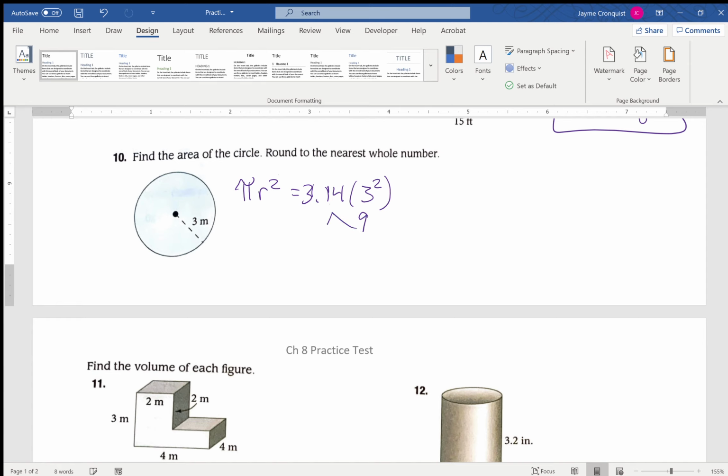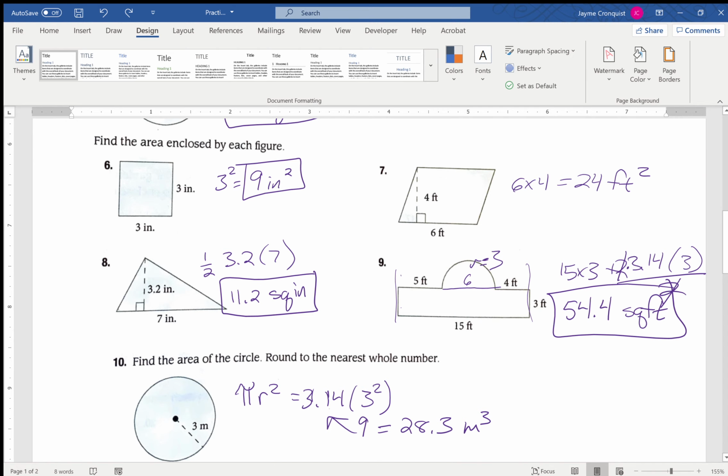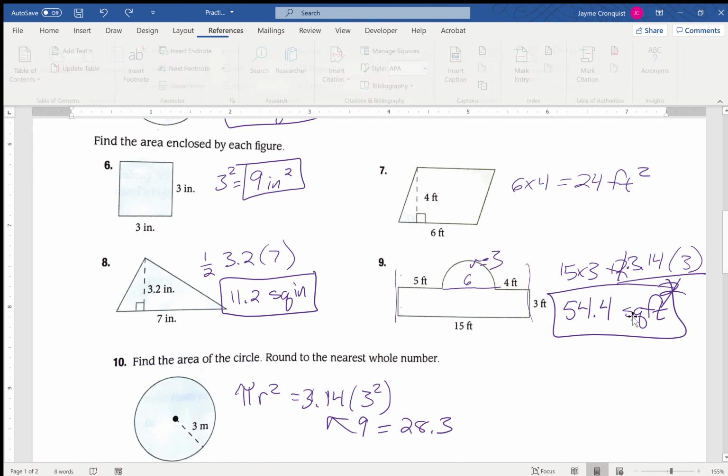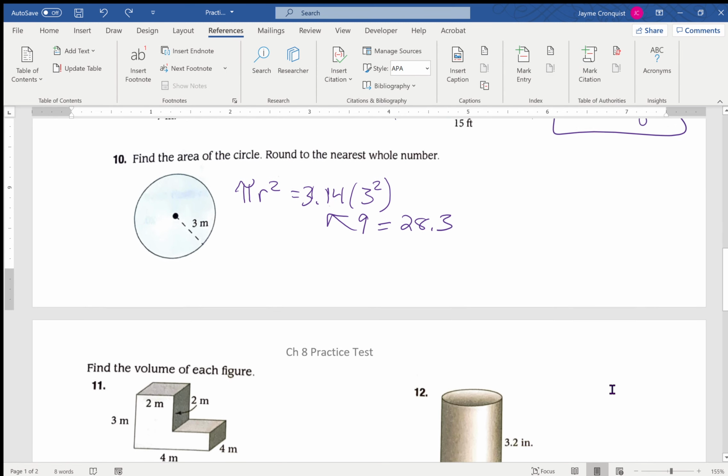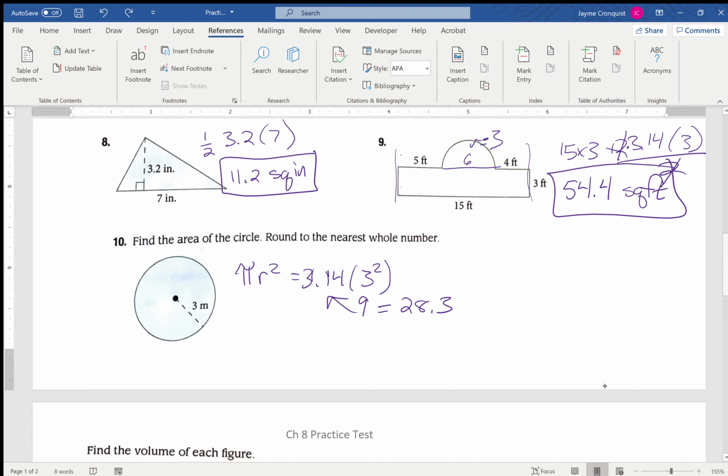When we multiply it times 3.14, we get 28.26. And it's going to be meters squared. Oh, the whole thing went already. Okay. Meters squared. Alright.